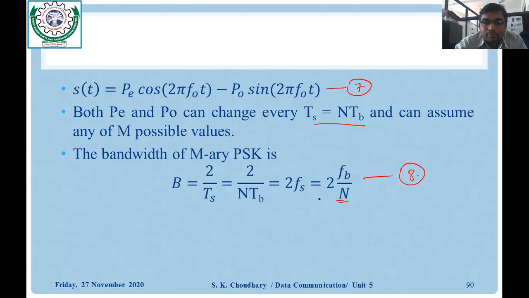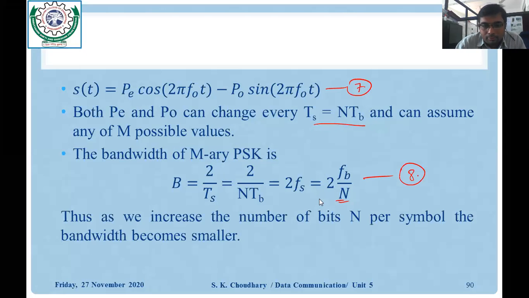The bandwidth can be decreased further if you increase n, the number of bits per symbol. As the number of bits increases, your bandwidth becomes smaller and smaller. That is our objective, to decrease the bandwidth and power requirement for any modulation technique.